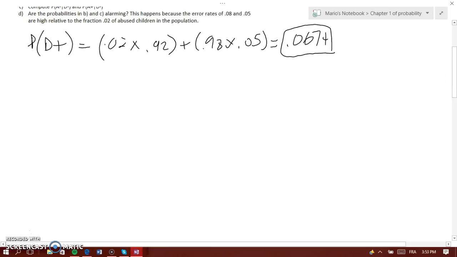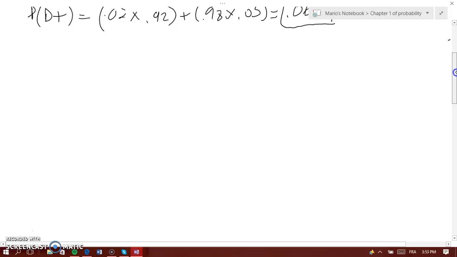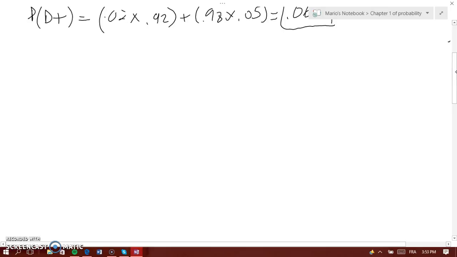And secondly, it says to find the probability that PA negative given D positive, and we know that formula.